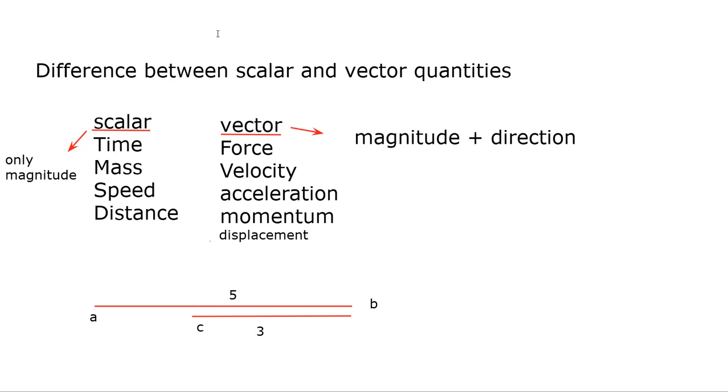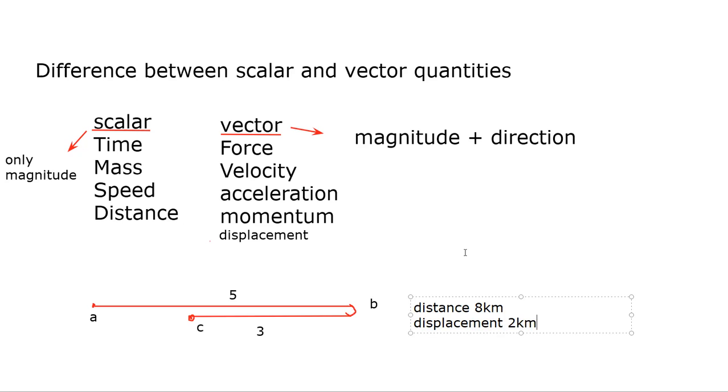So that person started from this point and reached B, and from B he came back to the C position here. So he basically covered a distance of 5 plus 3, 8 kilometers. So distance in this case is 8 kilometers. But the displacement he covered is just 2 kilometers.